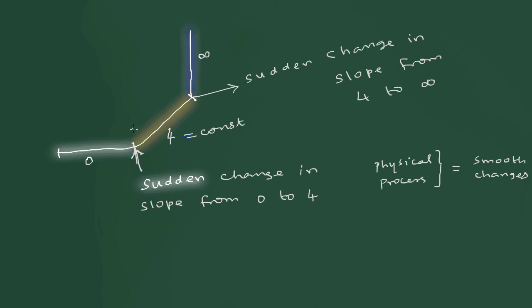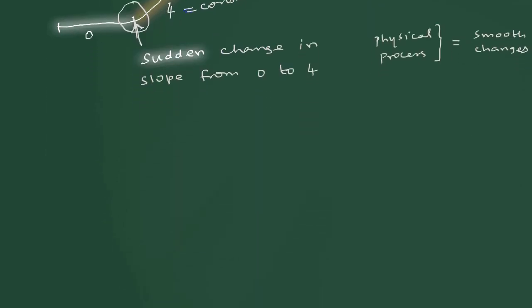Therefore, this region cannot represent a physical phenomenon generally. Such sudden changes generally don't occur, so straight lines are not suitable for explaining this. So rather than drawing three straight lines, you slowly change its slope. It will be changing like this, and then it goes to infinity.